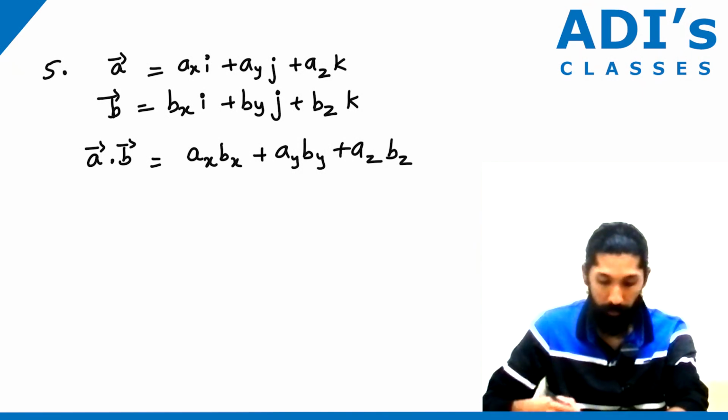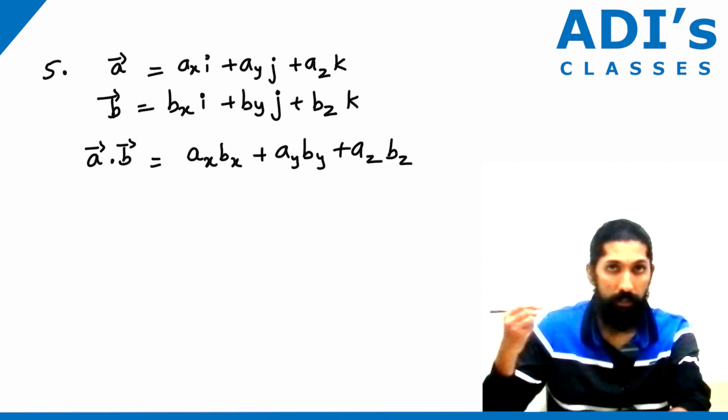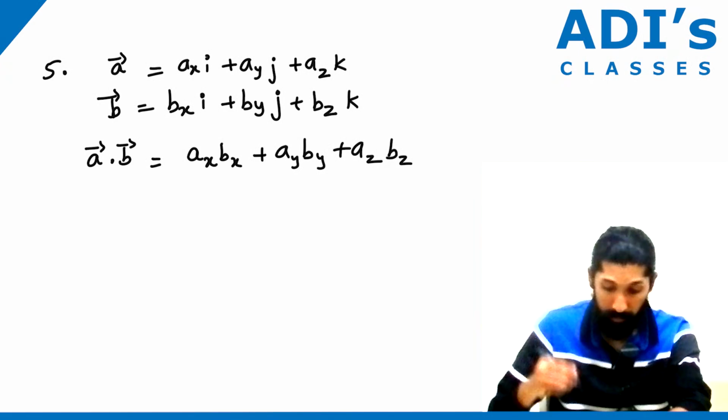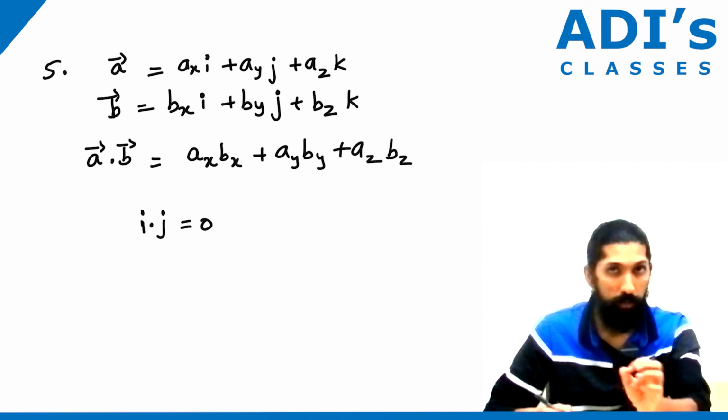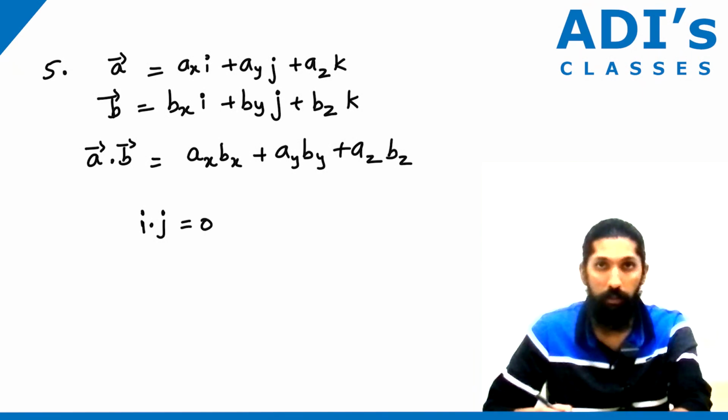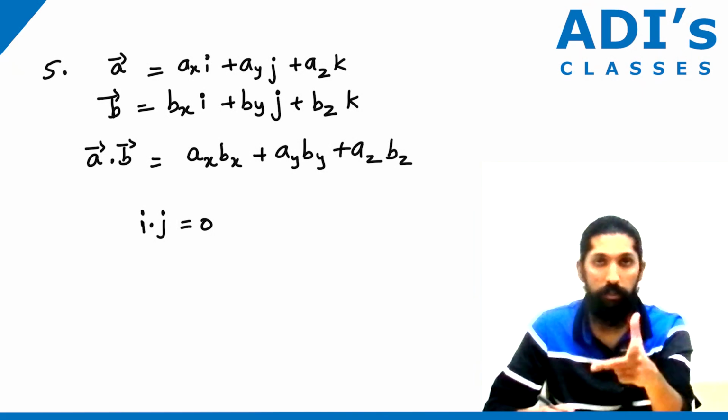Now, the reason why we don't get Ax By, Ax Bz, something like this, is, if you look at it, i dot j is going to become 0. Think about it, they're 90 degree, correct?